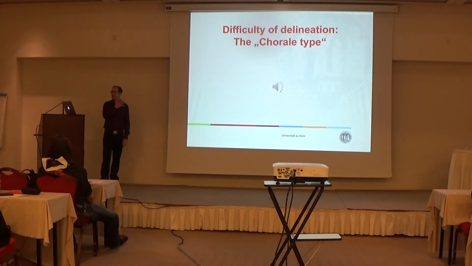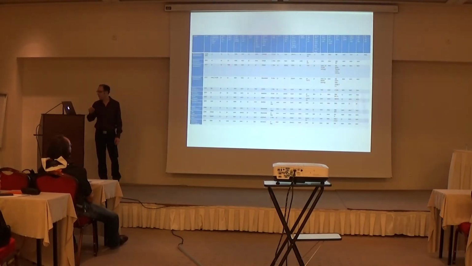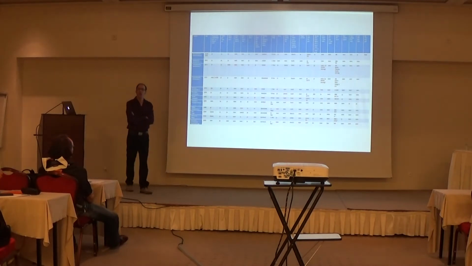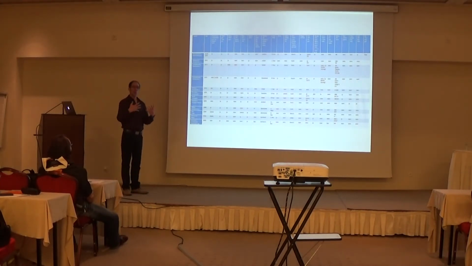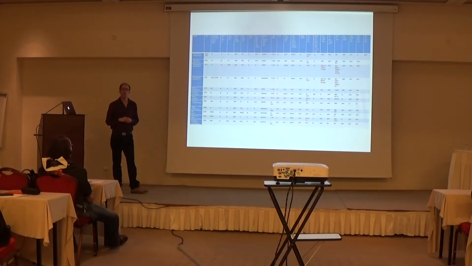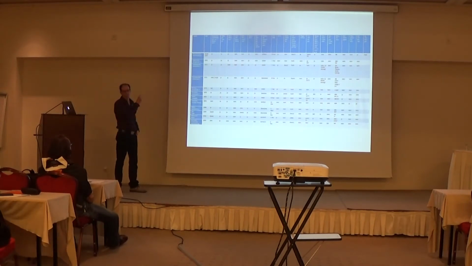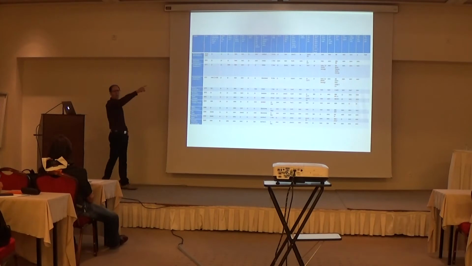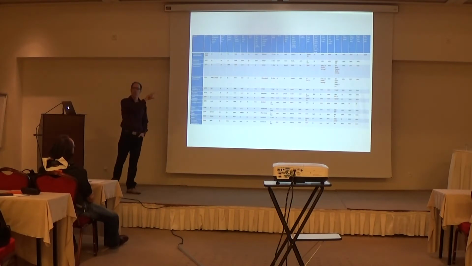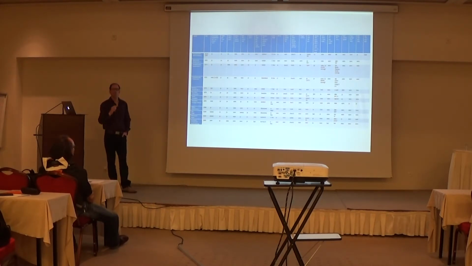On the next page, you're not supposed to be able to read anything, but I just want to show you, this is what I could do as a person with a couple of pieces, maybe 40 pieces. This is just a selection, and I have one row on the top where I have some musical features, and in the table itself I say yes, the feature is there, or it's not there, or something in between.